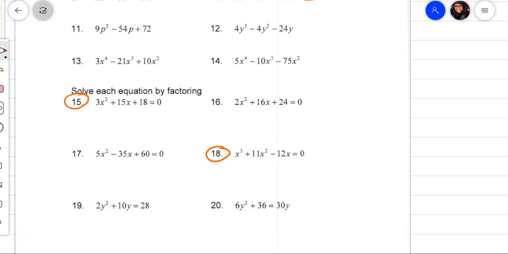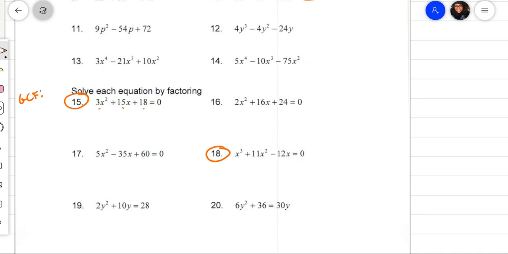For number 15, when you're looking at that for factoring, again, we want to look for that GCF. For this particular one, we got 3, we got 15, we got 18. They don't all have a letter, so we know we can't pull out a letter. Again, we can only pull out a variable letter if they all have a letter.